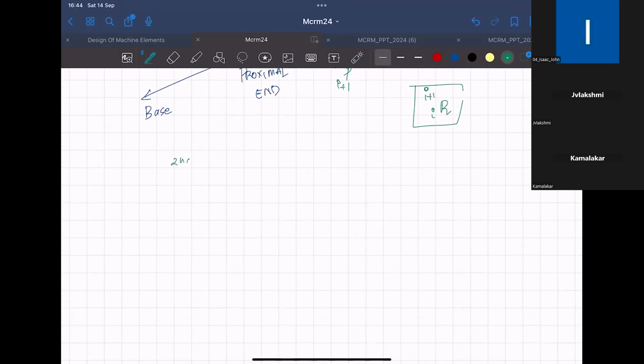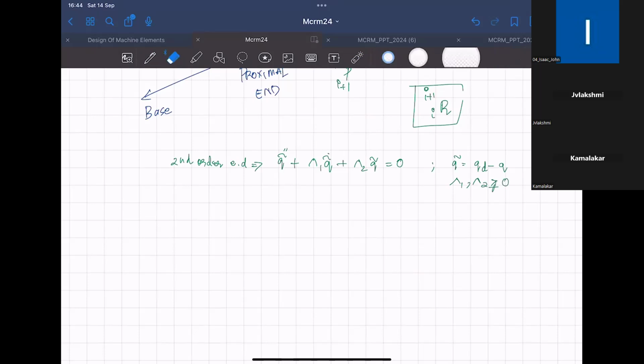The second order error dynamics given in the question is q tilde double dot plus lambda 1 q tilde dot plus lambda 2 q tilde is equal to 0, where q tilde is given as the difference between the desired and the actual joint variables, and lambda 1 and lambda 2 are assumed to be strictly greater than 0 as per the question.